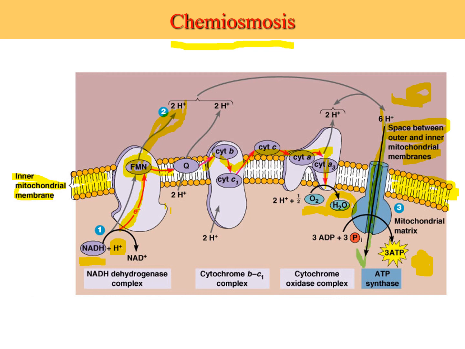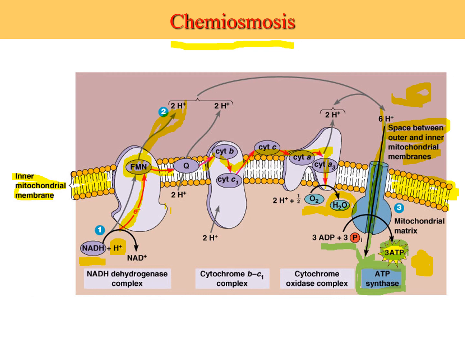They are able to move down through a protein which is called ATP synthase. It's a protein which has enzymatic activity, which you should have guessed based on the name, ATP synthase. It can catalyze the reaction between ADP and phosphate to form ATP.